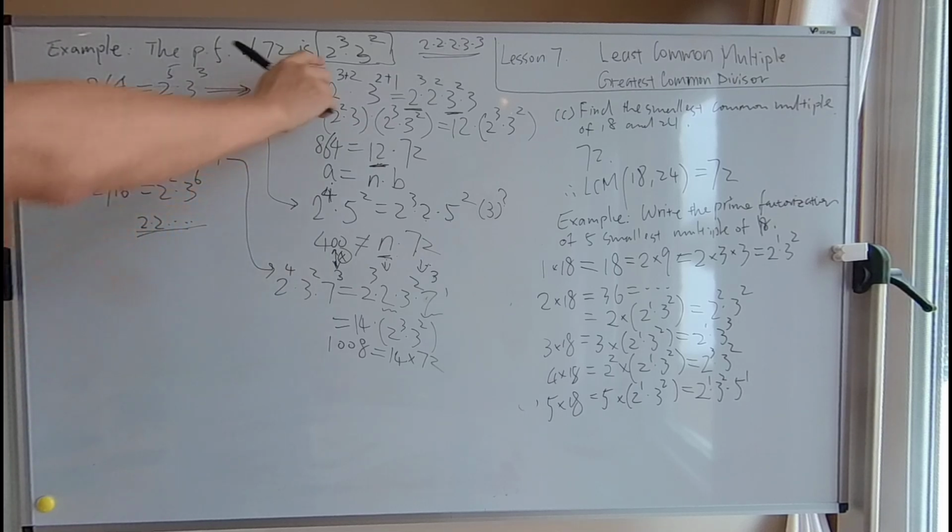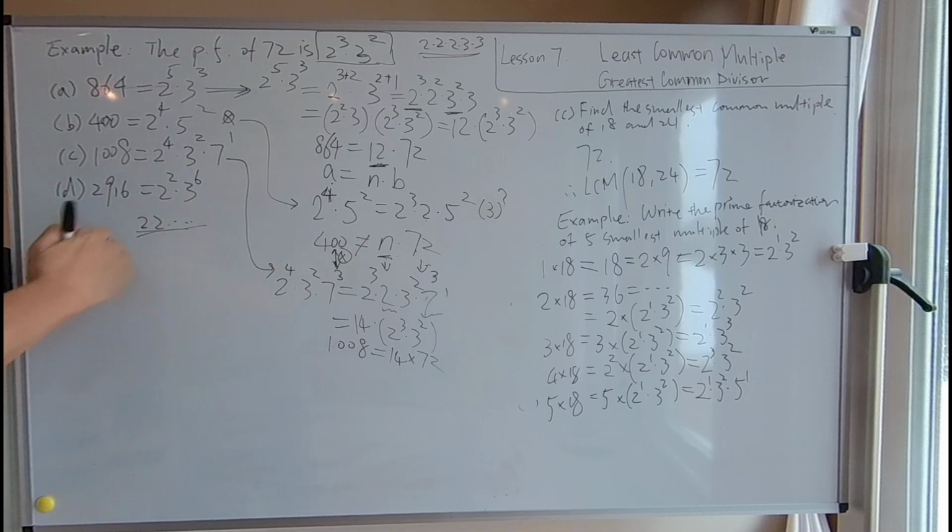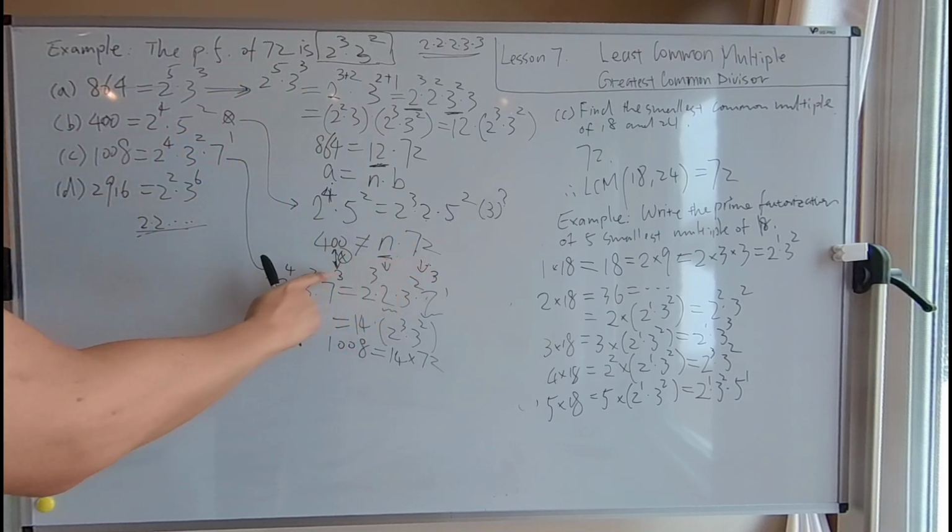So if I'm still trying to rewrite in this way, at least you can stop right here, because you have an insufficient number of factors of 2. So this number is not a multiple of 72. It's the same idea as the previous example, where you don't have a factor of 3.